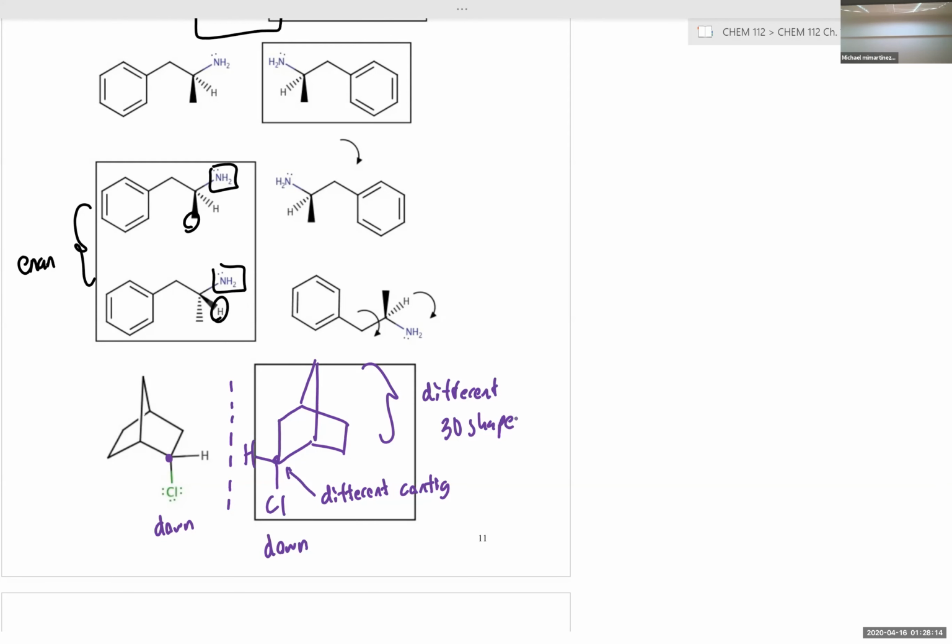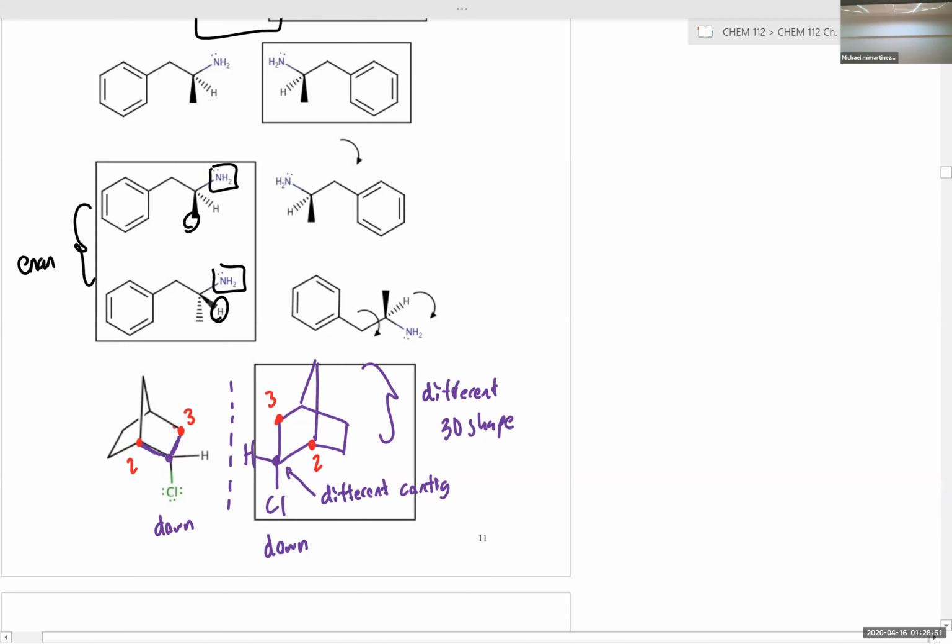So the reason why this configuration is different is, although in both cases the chlorine is down, we have changed the relative positions of the substituents attached to the chlorine. For example, if I were to assign numbers to this, if this was 2 and 3, the relative position of our other groups in our molecule has changed, right?